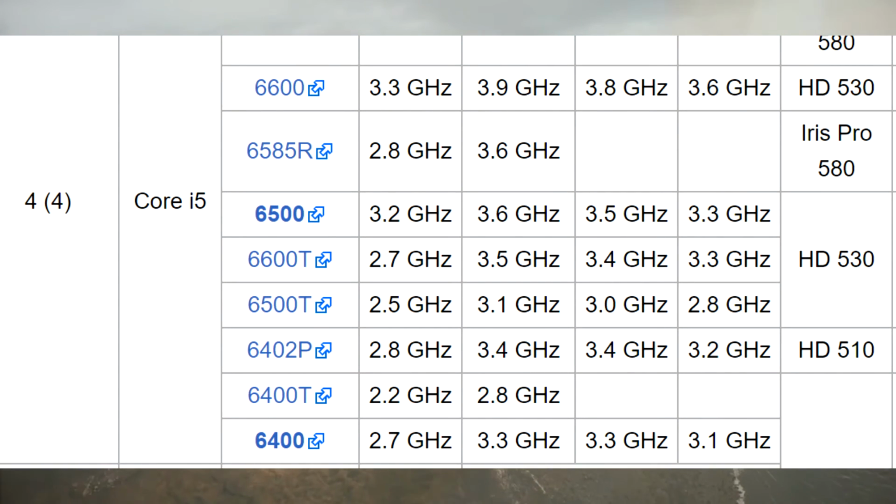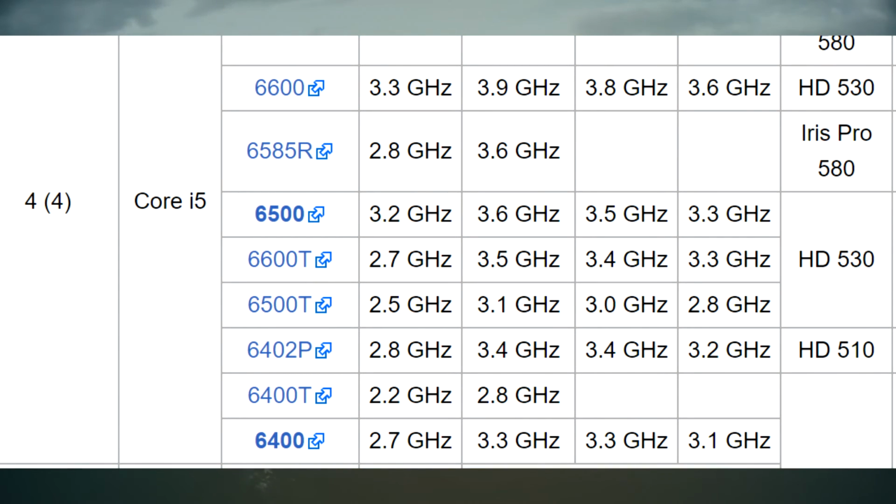As you can see, the difference is pretty close if you are using it for video rendering, because it utilizes all 4 cores, and when turbo boost is on, the difference is very minimal. But for me, in my country, the difference between the 6402P and the 6500 is about $30. So for me, going for the 6402P is a better choice.